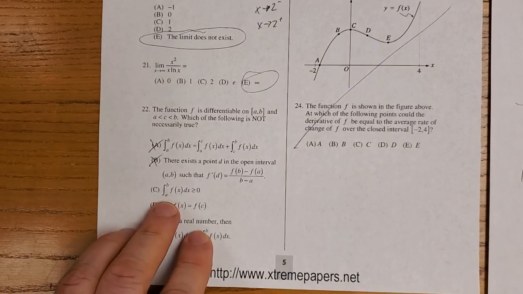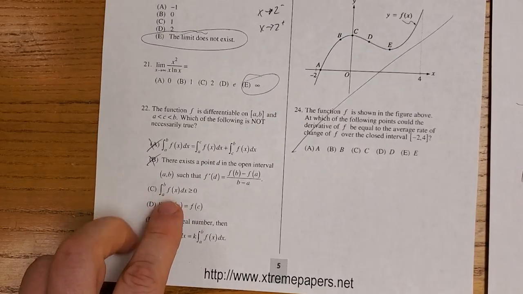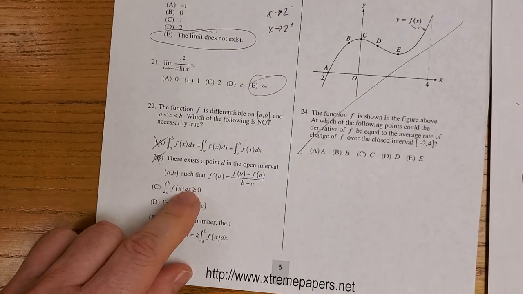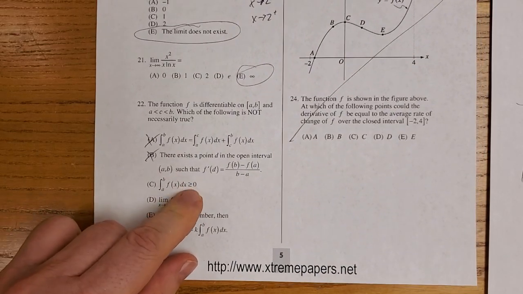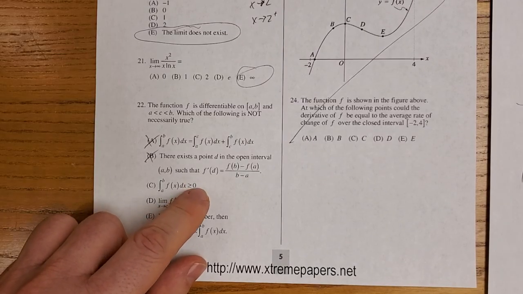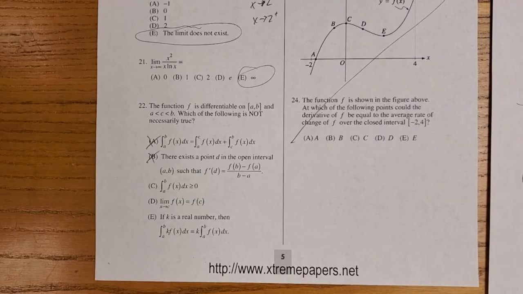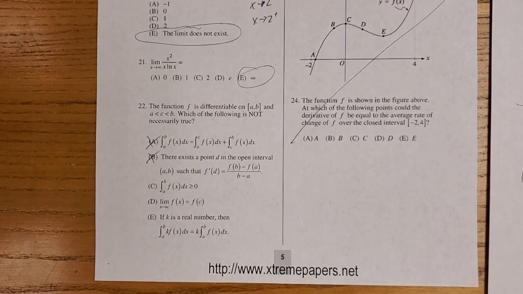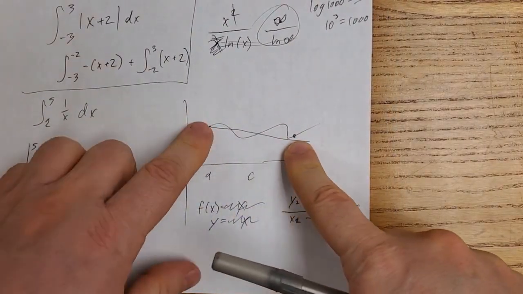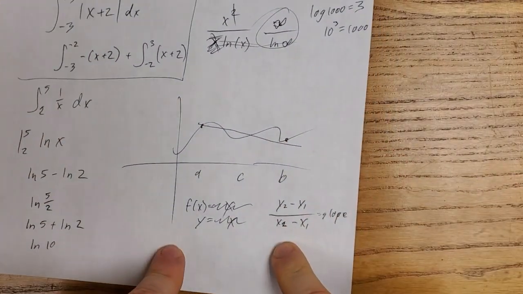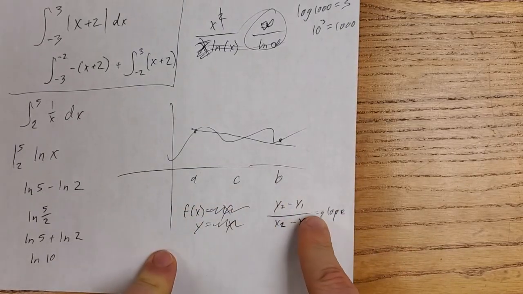Okay. So selection C, we're talking again about a definite integral from a to b of the function, and is that definite integral greater than or equal to 0? Is that a positive value? We don't have enough information to really say that. It could be, with these 2 points, the function could be down here, and the definite integral could be negative.